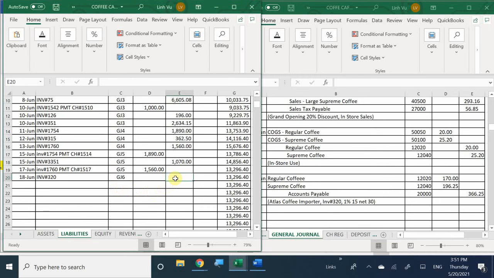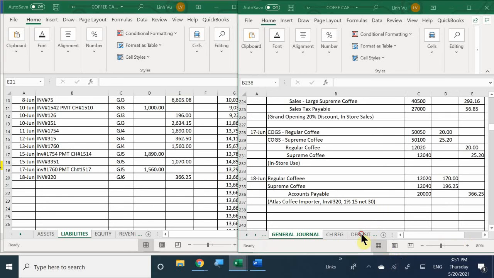And it was for the amount of 366.25, which now gives us a balance of 13,662.65.